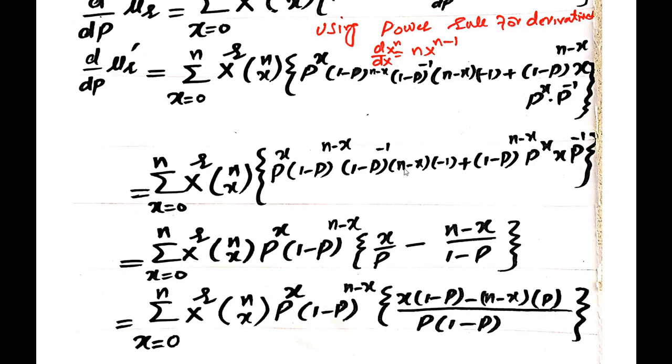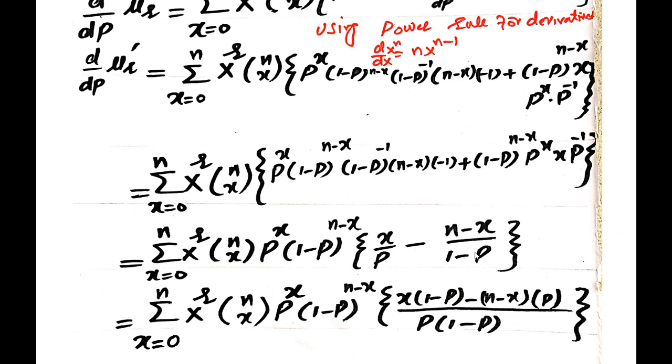We are left here with n minus x over 1 minus p. Because of this minus, we write this term on this side because it is the minus term and this term is the plus term. So when we take p power x (1 minus p) power n minus x common, we are left here with x over p. X over p is the plus term, so we write here x over p minus n minus x over 1 minus p.